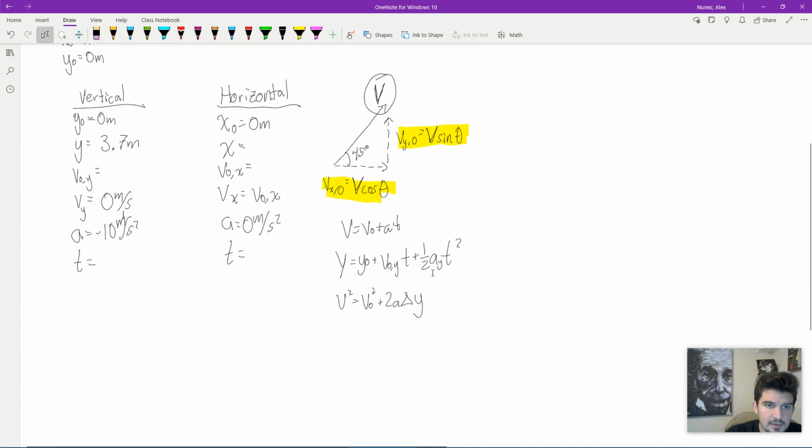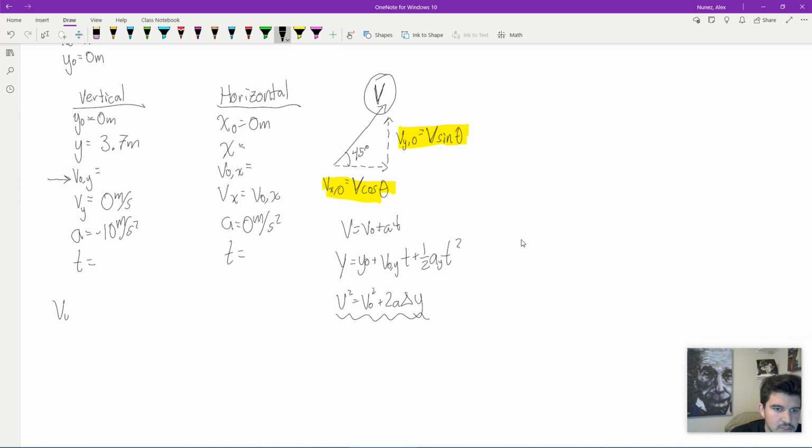Okay, and so with that information, I now know a change in position. I know the initial and the final. I know the final velocity, and I know the acceleration. So if I want to find the initial vertical velocity, I can use equation 3.